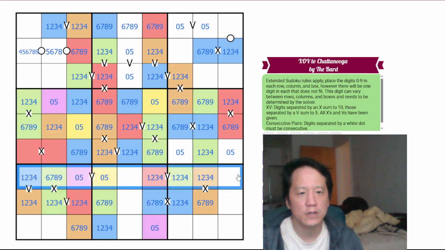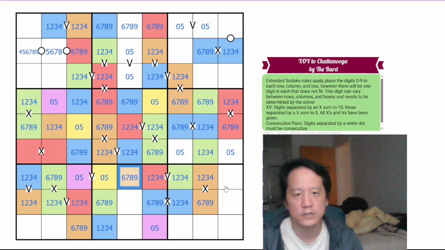In row 7, the remaining digits can be all highs, and it has to be blue, orange, or red. Red cannot be here because they would have to have an X next to it. Blue cannot be here because it would have to have an X next to this, so this is high orange. That leaves, this can't be high red, so this must be high blue.